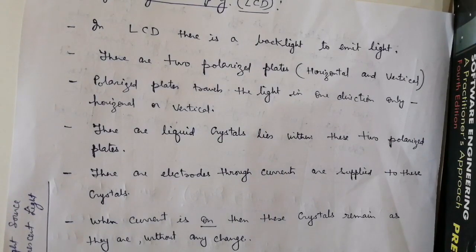The crystals rotate the light: horizontal light comes from the horizontal plate, rotates 90 degrees with the help of the crystals, crosses the vertical polarized plate also, and then hits the pixels of the monitor.